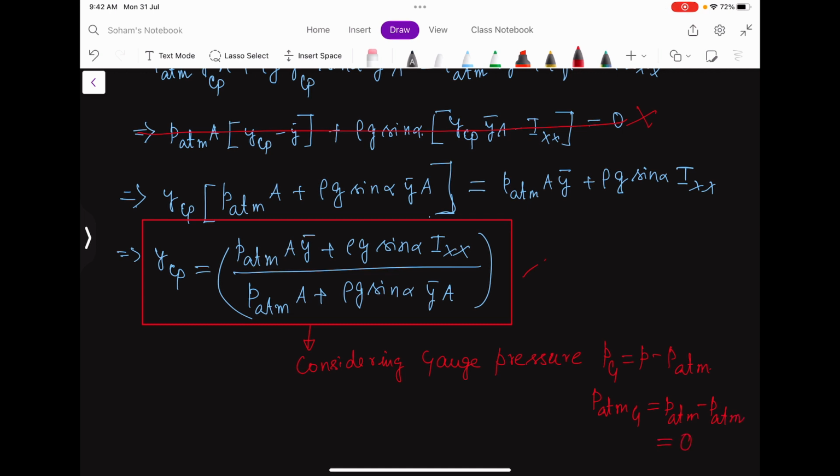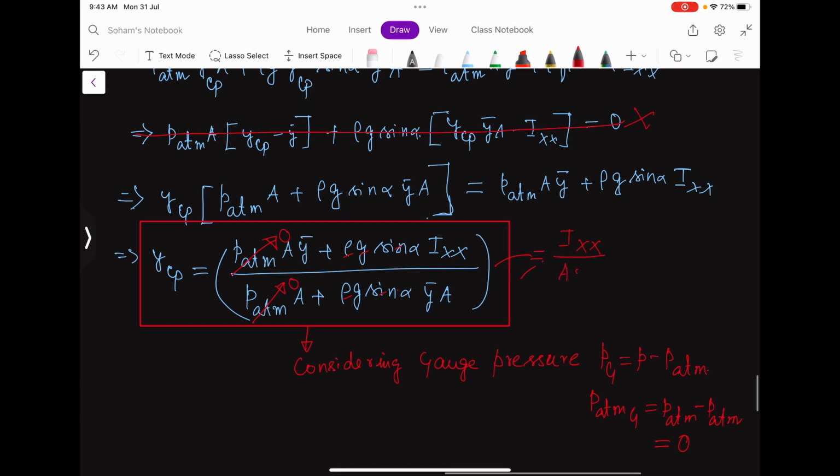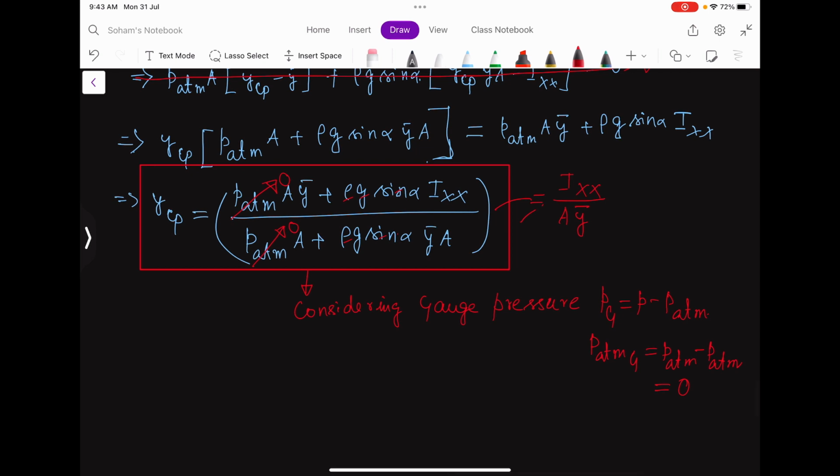So in that case this term vanishes, and the ycp directly boils down to Ixx by A y bar.